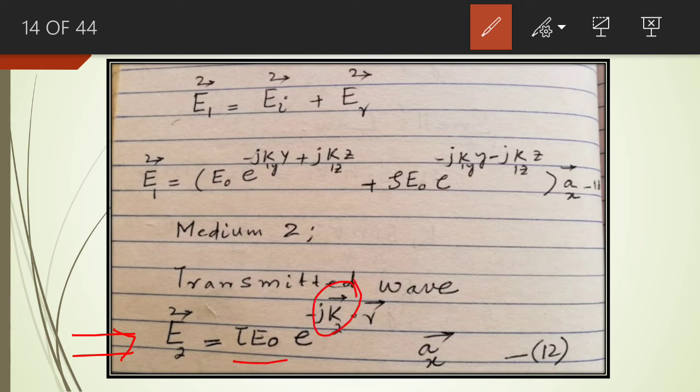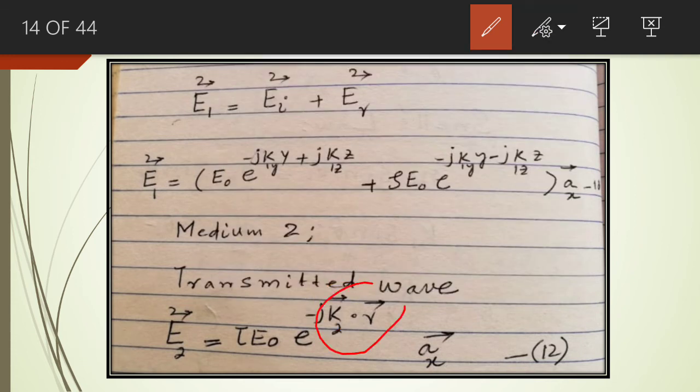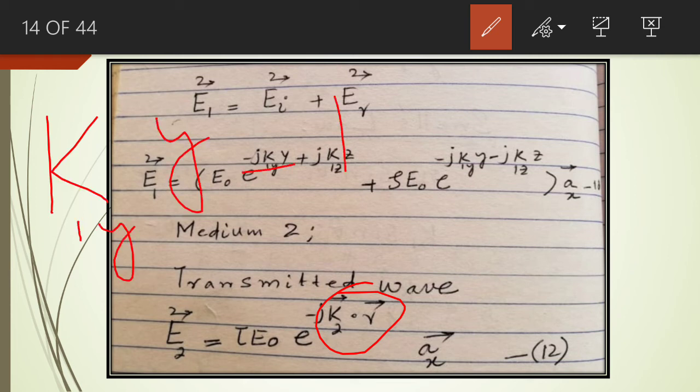We know that the propagation constant in the second medium is k2, and we put the value of k2 dot r in equation number 12. And if you guys remember, this k2 dot r was equal to k1 y minus k2 z.